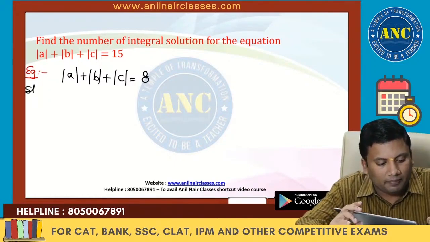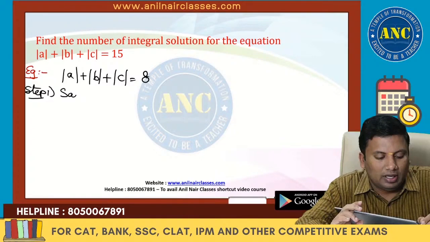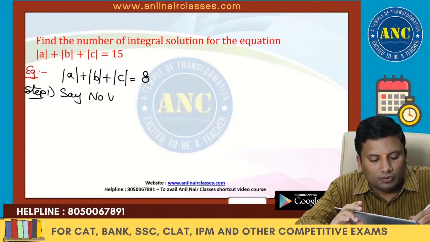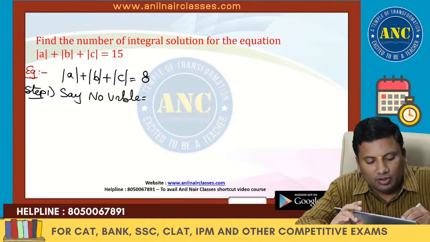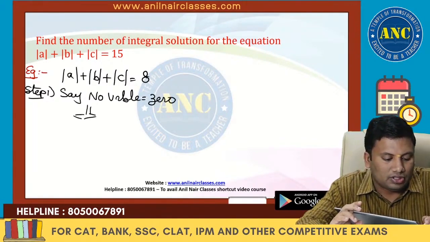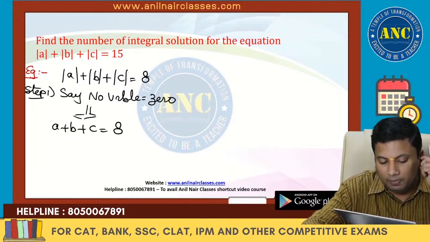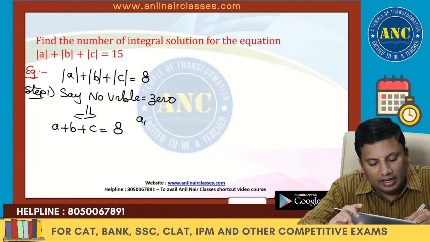Step number 1. Say no variable is 0. If no variable is 0, all will be positive, since the modulus always gives a positive value. So a + b + c = 8, with a, b, c greater than or equal to 1.